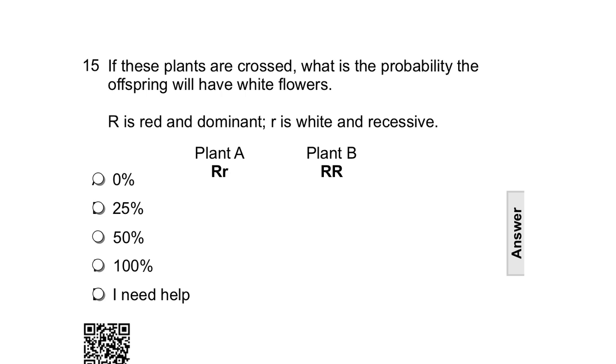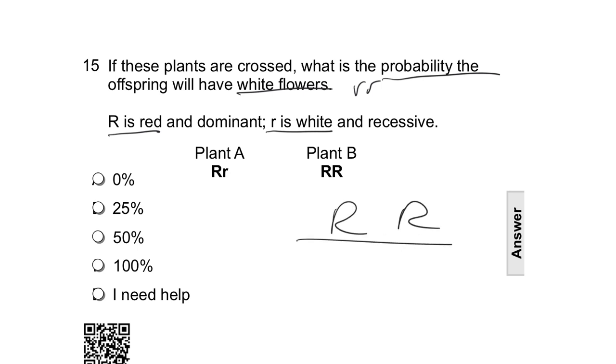So, red is dominant, white is recessive. So what's the probability of having white flowers? You'd have to be little r, little r. So let's do the cross.